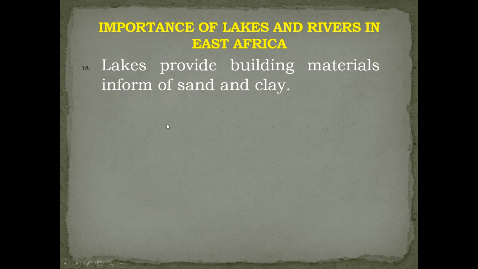Then lakes and rivers provide building materials in form of sand and clay. Most buildings are constructed with the availability of sand. Then we have so many products from clay. For example, we have the tiles.